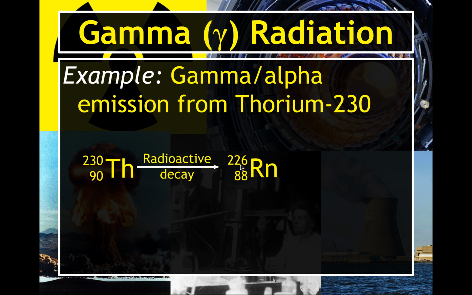It's also going to lose mass. It will give off a beta particle, or an alpha particle, that when we add this to this, we get back to 90. We add our mass to this, and we're back to 230. And then it's also going to give off a gamma particle.